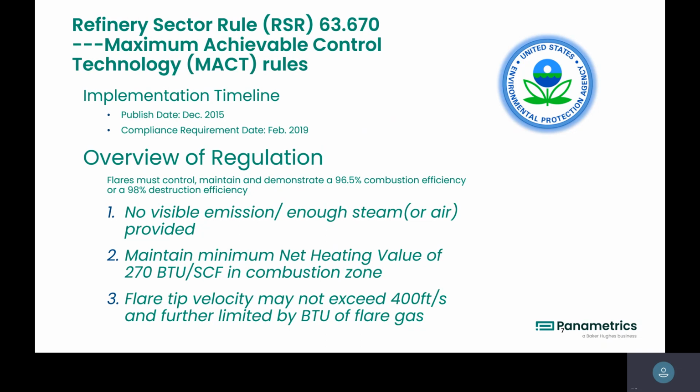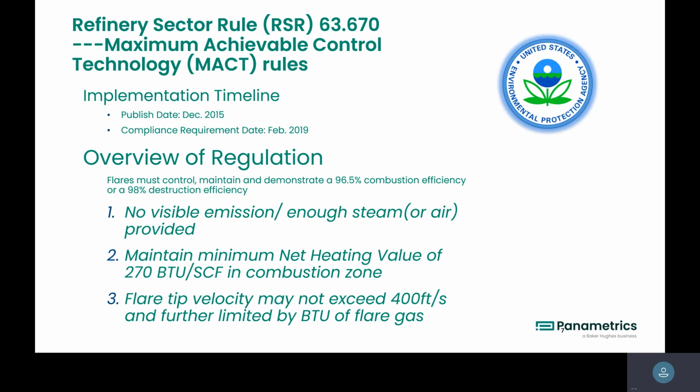We talked about it; I guess you are probably familiar with the basic requirements. You need to have enough assist gas to prevent black smoke, but also not too much of that assist gas. You need to maintain the heating value in the combustion zone at about 270 BTU per scf.